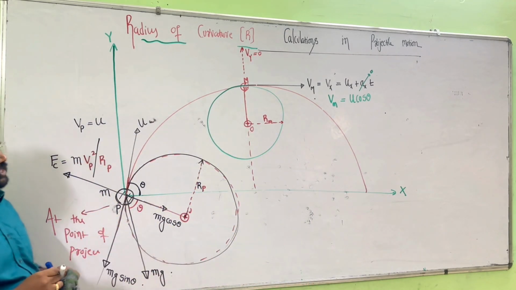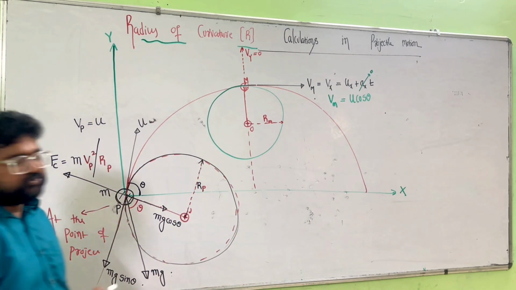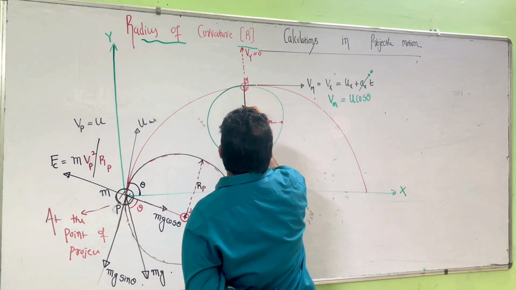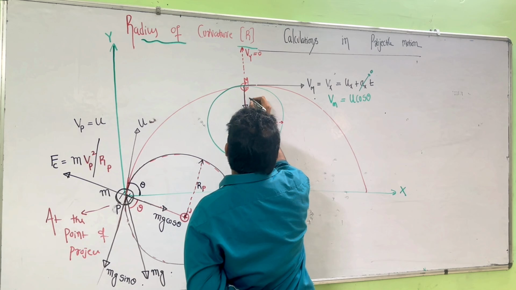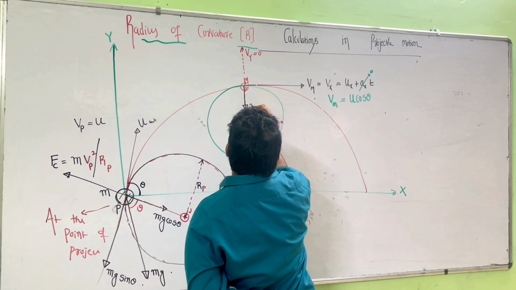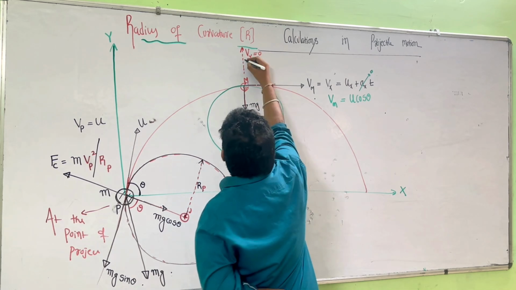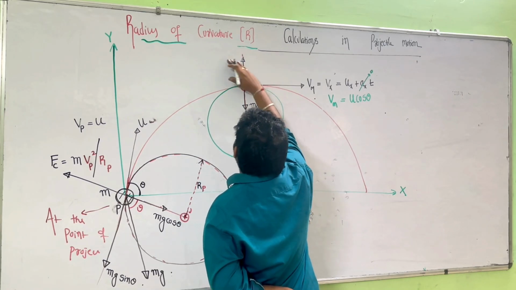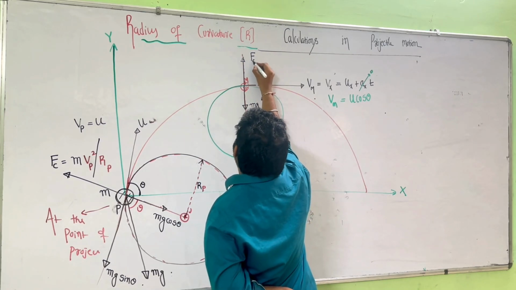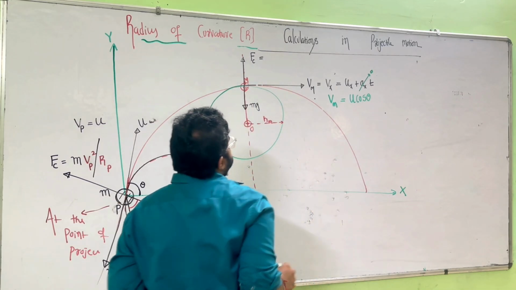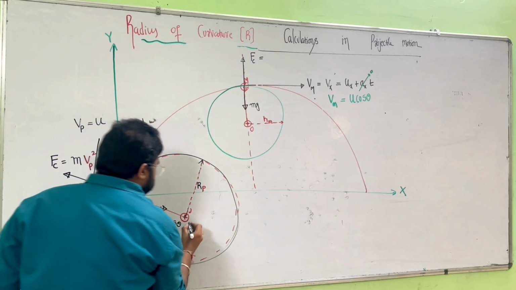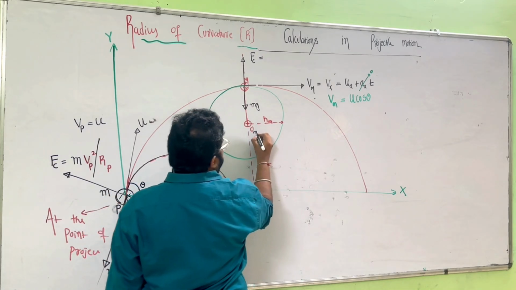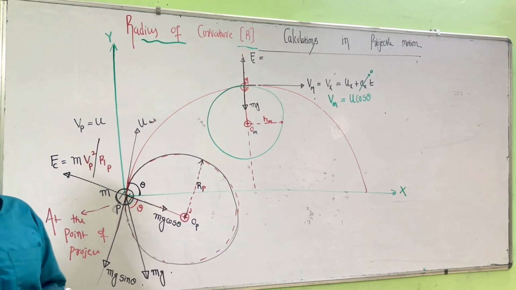If you draw the free body diagram for this, the weight acts vertically downward, and the centrifugal force always acts away from the center of circular motion. This is O at the point of projection, and O is the center of circular motion for maximum height.